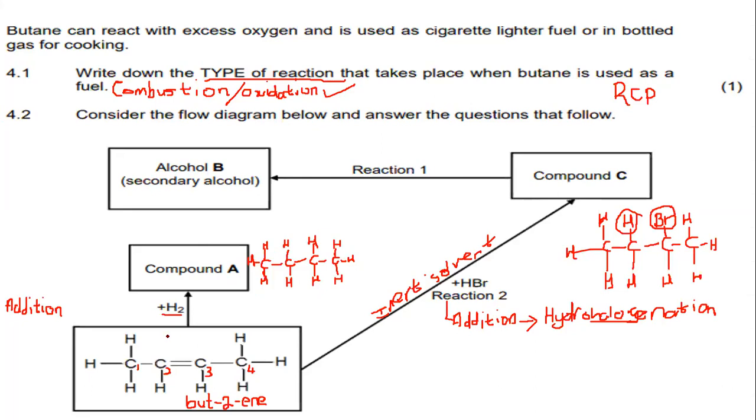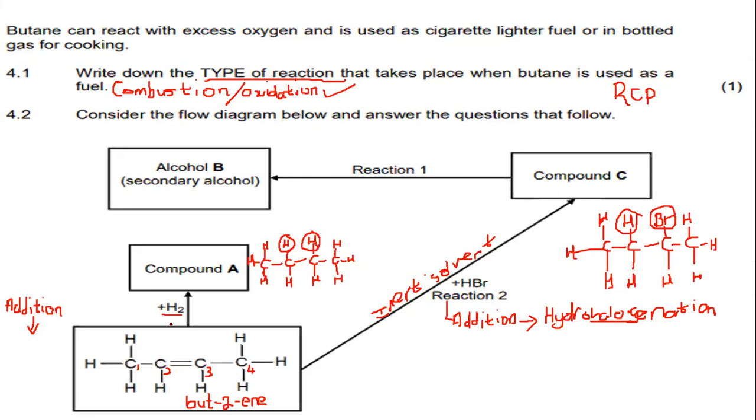Then I want us to work out the conditions, because we are done with the reactants and products. But it will always help a great deal if you want to work out the conditions by first realizing what type of addition this one is. So we can see that I've added those 2 hydrogens there because they were not there on carbon 2 and 3.